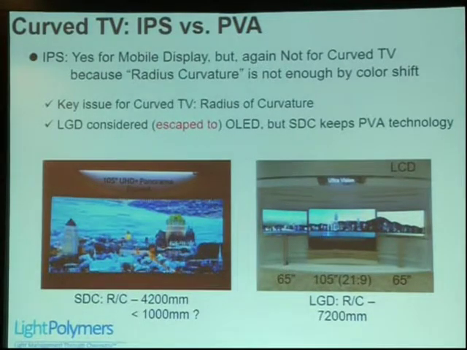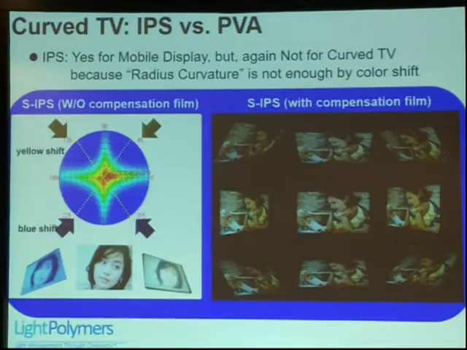But in the IPS case, the electrical side is aligned, and then it's tilted, curved, and there is retardation. There is a color shift of blue and yellow in the diagonal axis. You can see here the problem of the IPS mode on the curved TV was yellow shift in the diagonal axis, also blue shift.